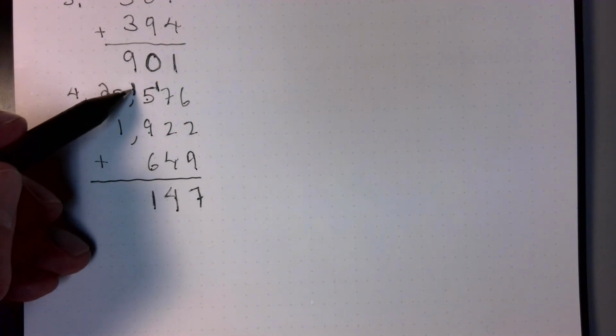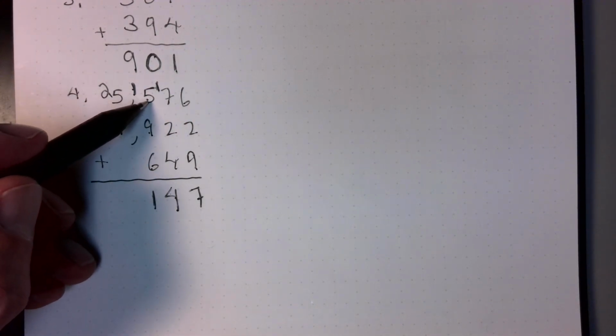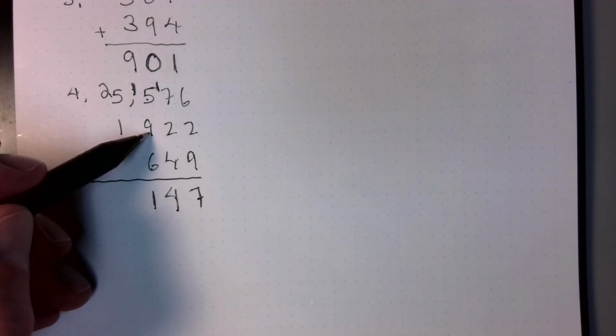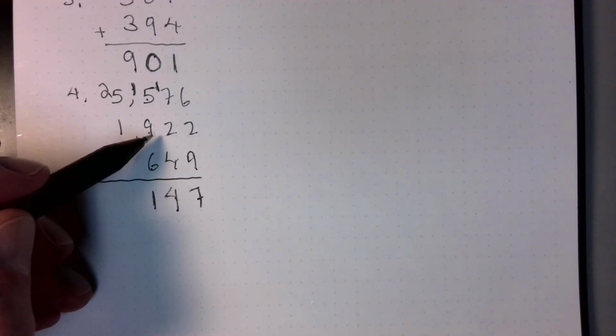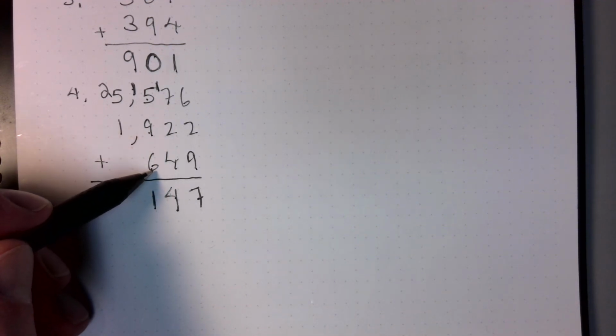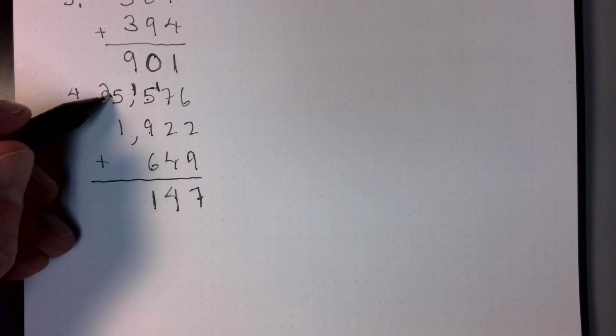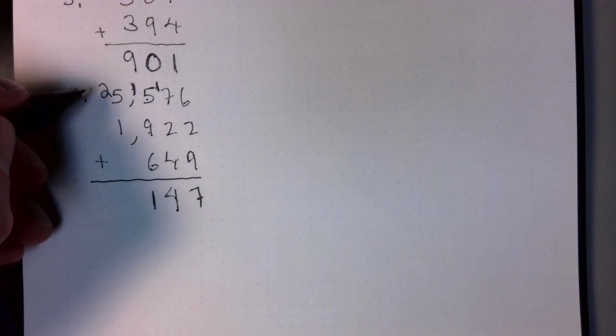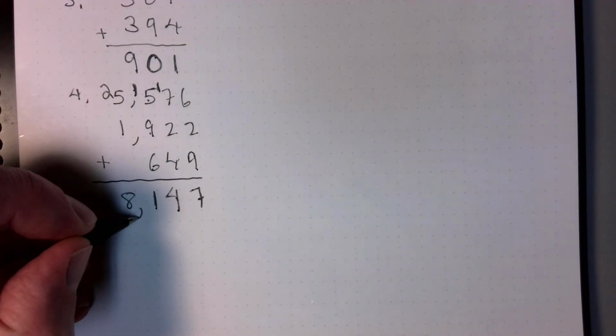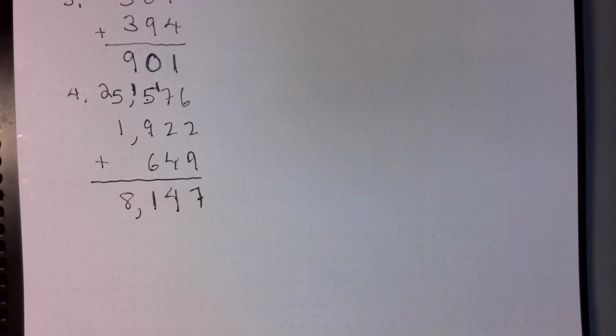But in this situation, 1 plus 5 is 6, plus 9 is 15, plus 6 more is now 21. So I write down the ones digit here, and I carry over a 2 to the next column, and then over here I have an 8. So my resulting sum is 8,174 in the vertical form.